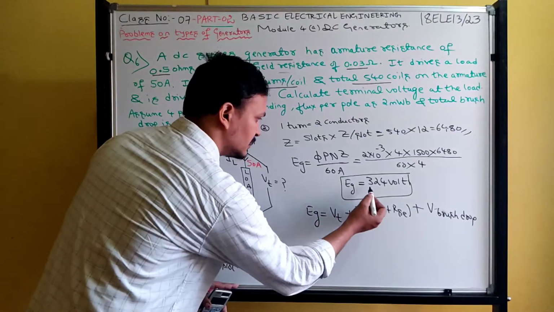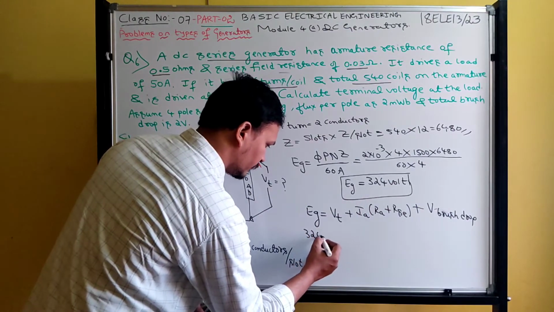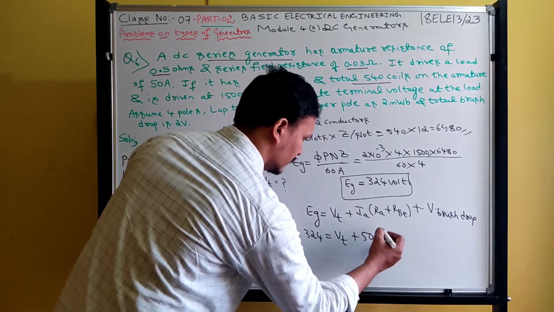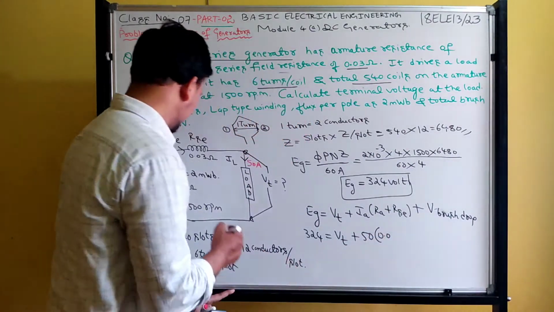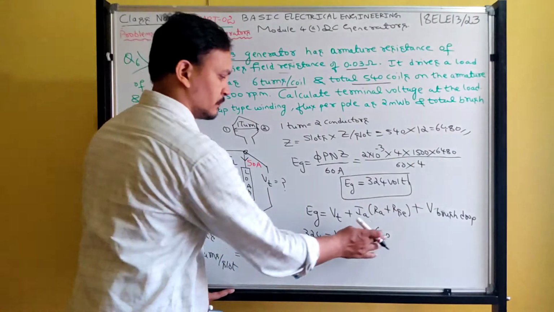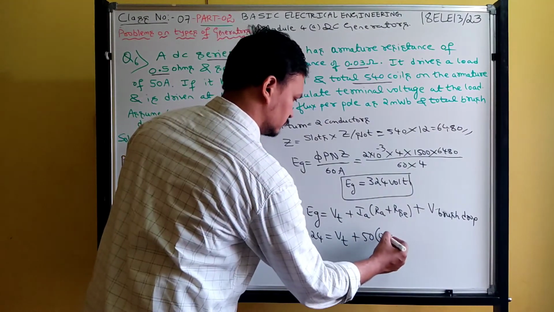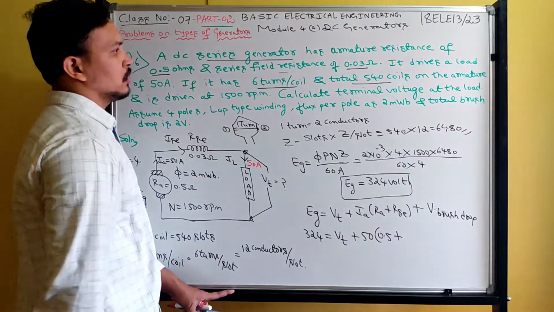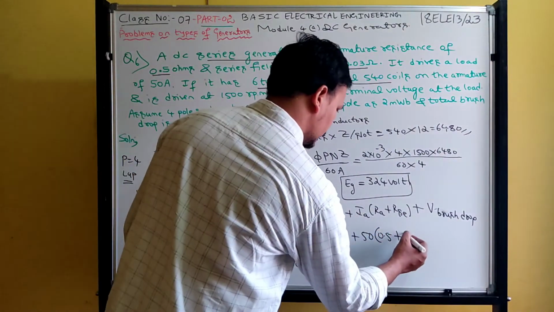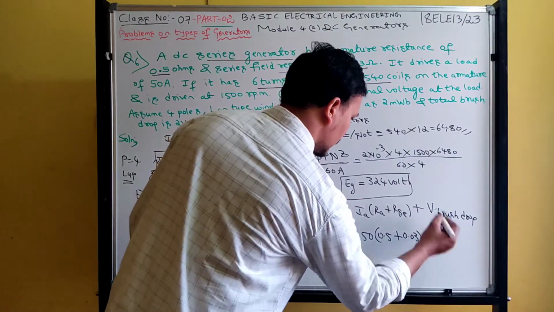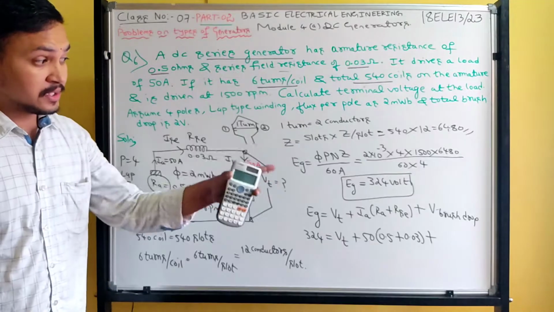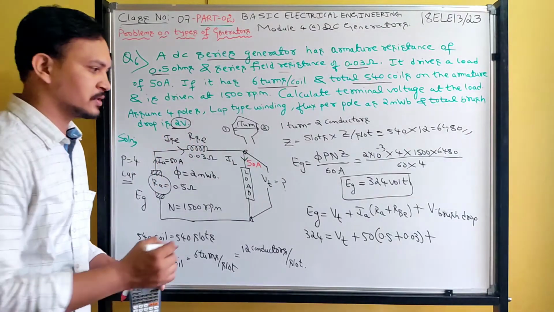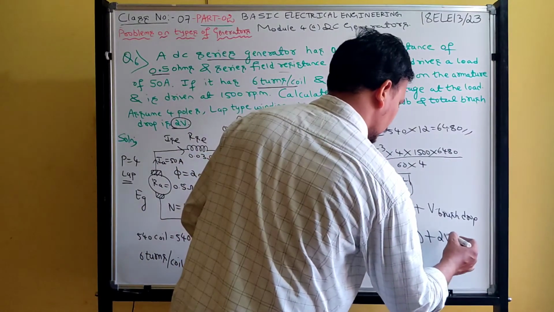What is Eg? 324 is equal to Vt plus armature current 50 into the armature resistance, 0.05 ohms, plus the series field resistance, 0.03 ohms, plus the total brush drop, which is 2 volts.